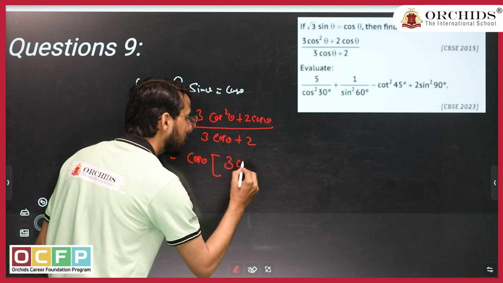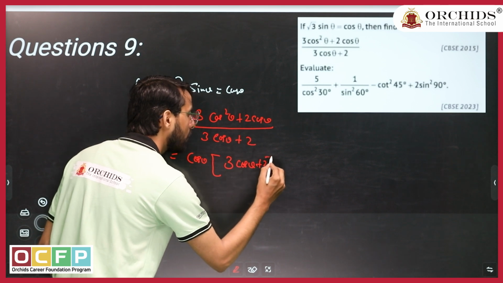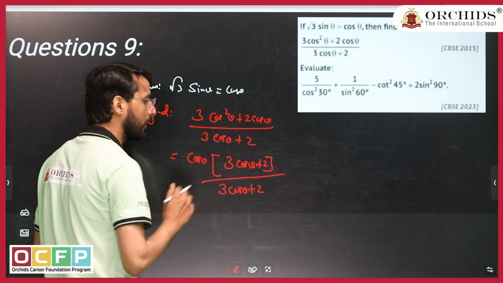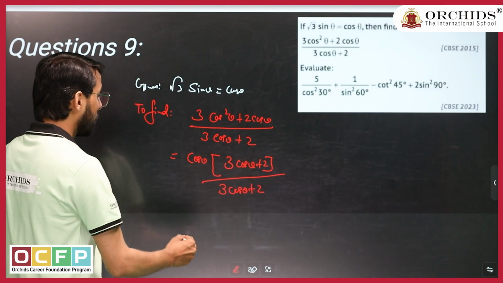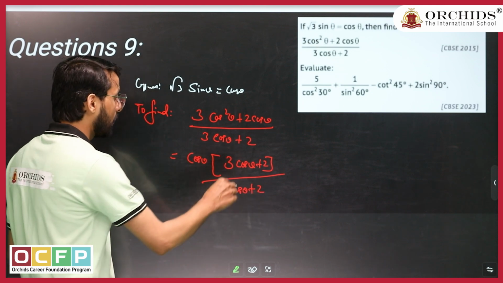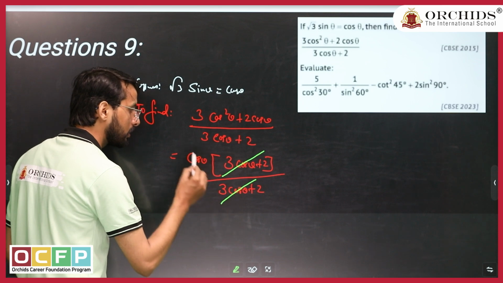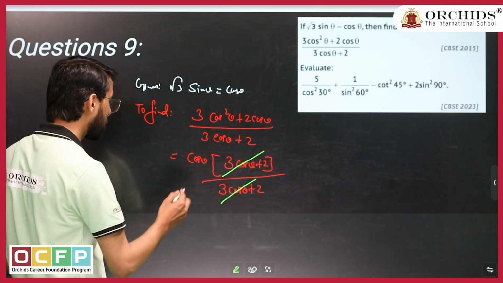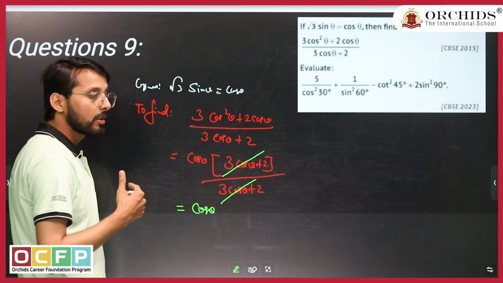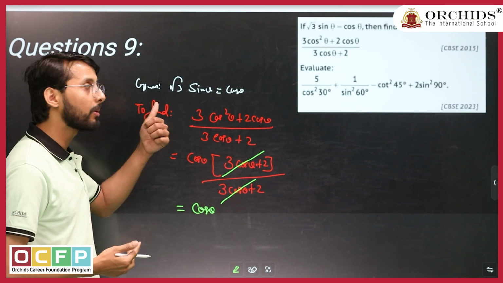So remaining is 3 cos theta plus 2 divided by 3 cos theta plus 2 again. Correct? Now, is it possible that I can cancel something here? Yes, I can cancel the overall term 3 cos theta plus 2 from the numerator and denominator, and remaining is cos theta. So is cos theta my answer? Check the given part guys.